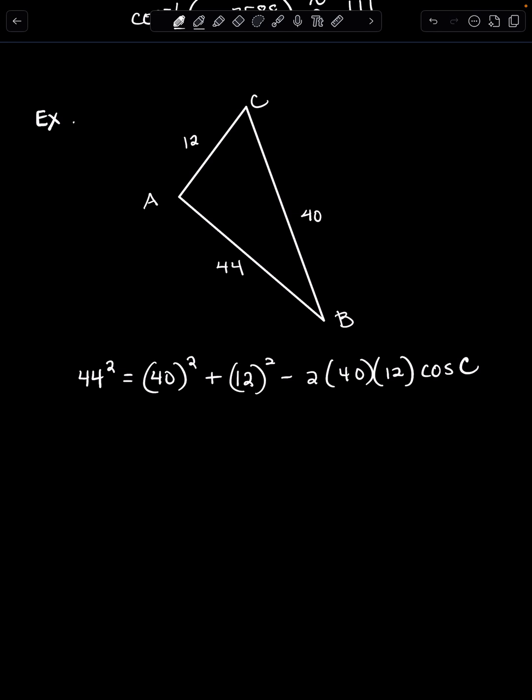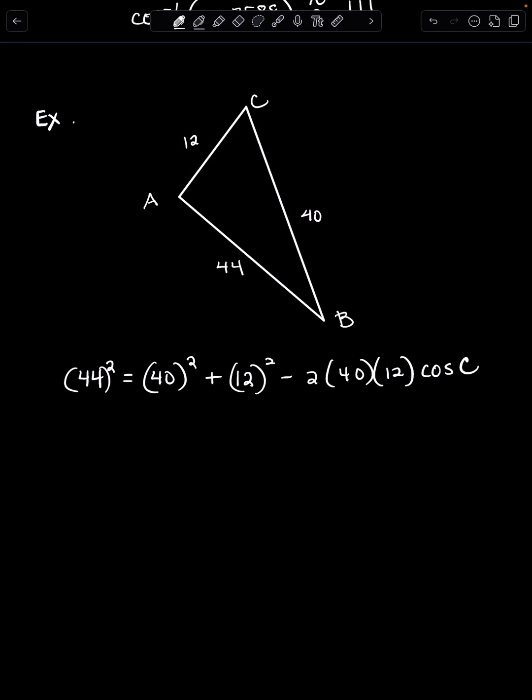We're going to subtract 40 squared, subtract 12 squared from 44 squared. Then we're going to divide all that by negative 2 times 40 times 12. And when we get all that, we're going to take the inverse of that.